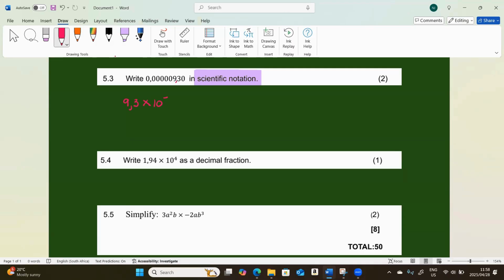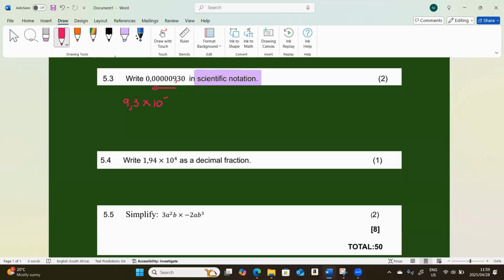Or you can remember it that when you move your comma from right to left, from where you put the comma in to where the comma originally was, then you would have a negative power.